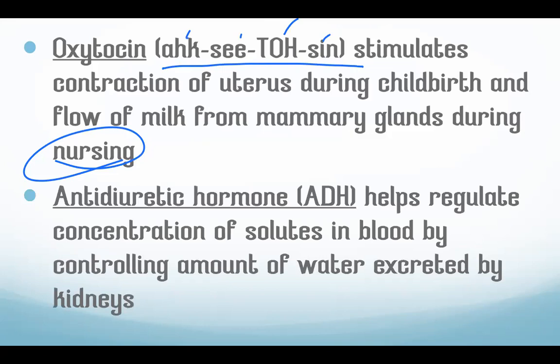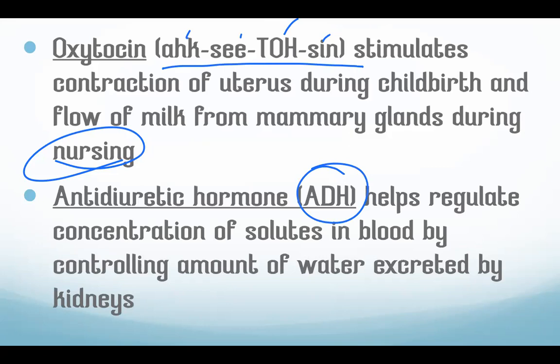The other hormone that is produced by the hypothalamus that travels down the axons and gets stored in the posterior pituitary is called antidiuretic hormone, or ADH. Just remembering the acronym or the abbreviation is okay. All right.